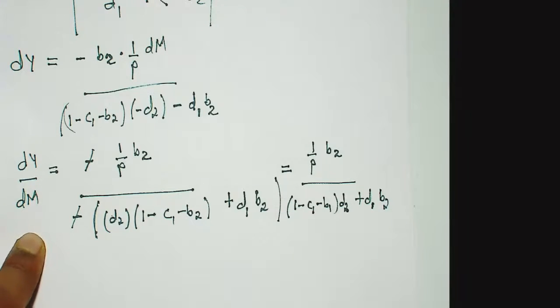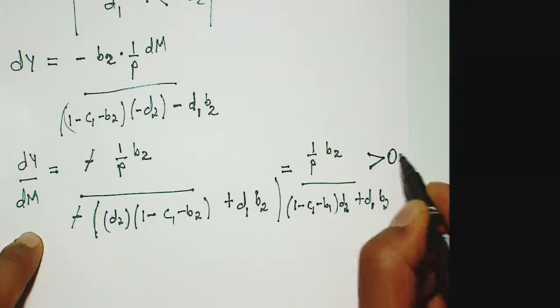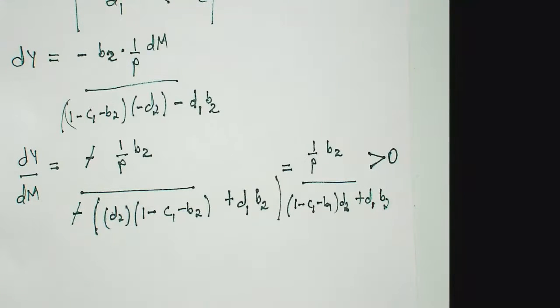So this term is a positive term, as you can see, and this positive term should be represented by greater than 0 notation at the end of our equation.